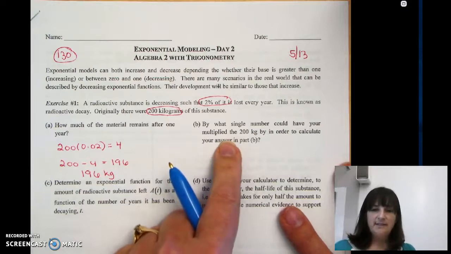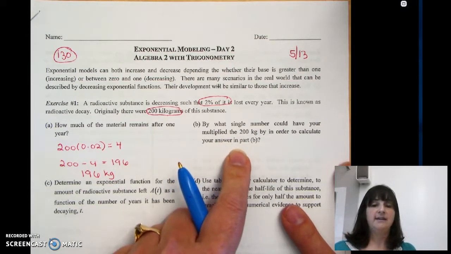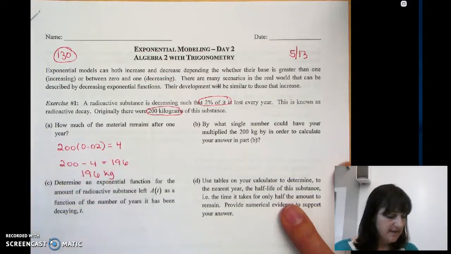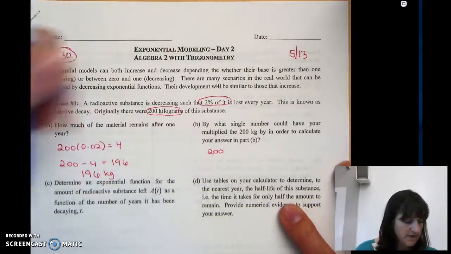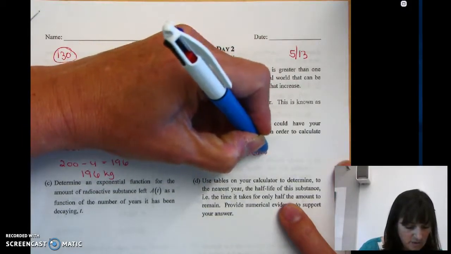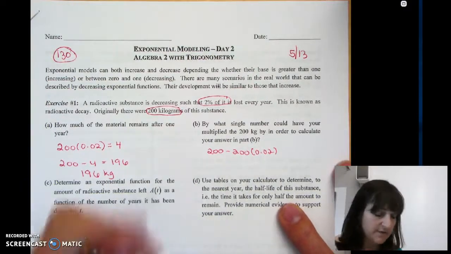So just like we did on the last one, we want to think about, is there a number that we could multiply by that would give me the same result of 196 that I got using 2 steps? So there sure is. So what we would want to do, maybe if we write it out like this, 200 minus 200 times that 2% converted to a decimal. And then watch me factor out the 200.